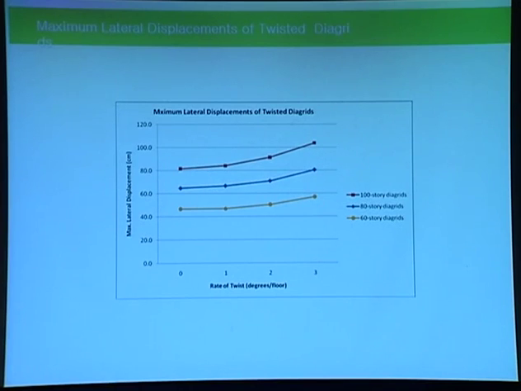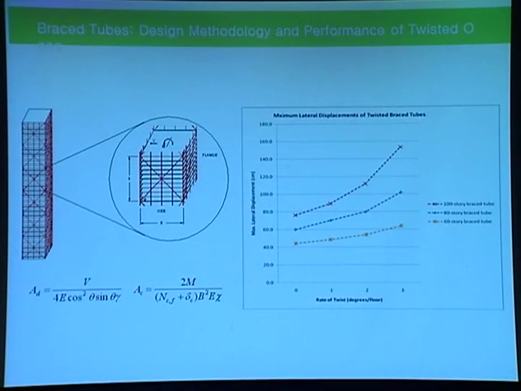So the stiffness reduction ratio is not that sensitive to the building height in diagrid structures. Actually, I performed this complex shaped tall building study with various different structural systems, and this presentation is only focusing on the diagrid structures.